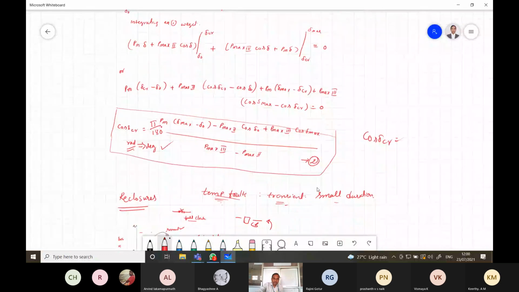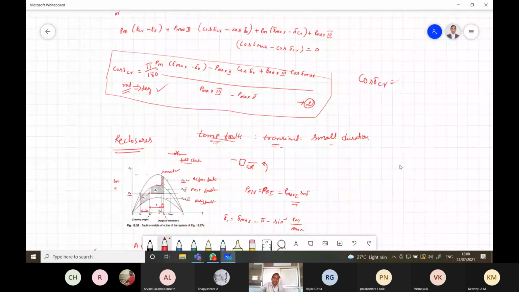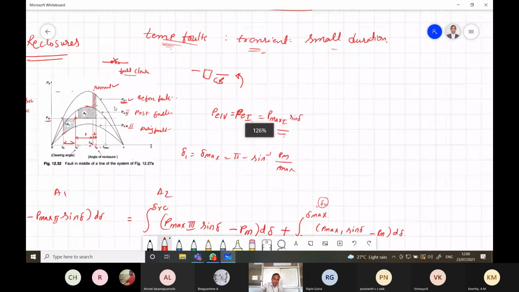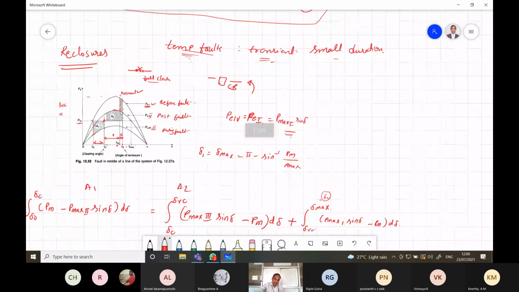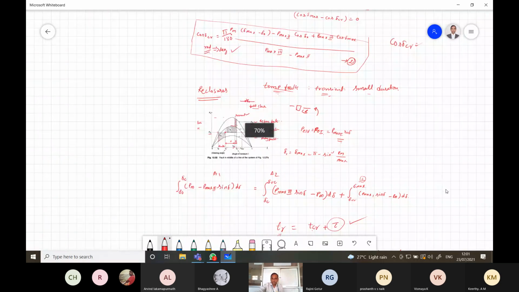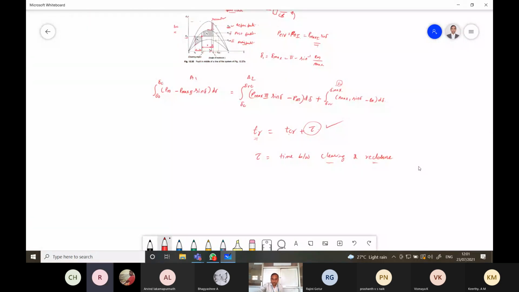We also calculated delta CR and the time of reclosing. This is the last case, when you open the circuit breaker after the temporary fault is cleared. Auto reclosers then reclose the circuit, and we achieve the normal position. So these are the conditions we have discussed in the equal area criteria.